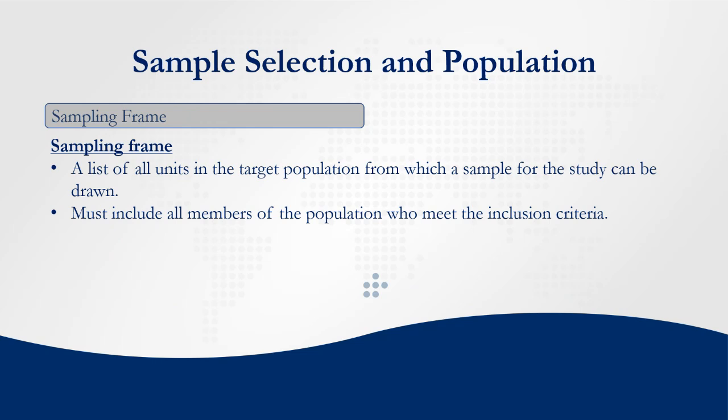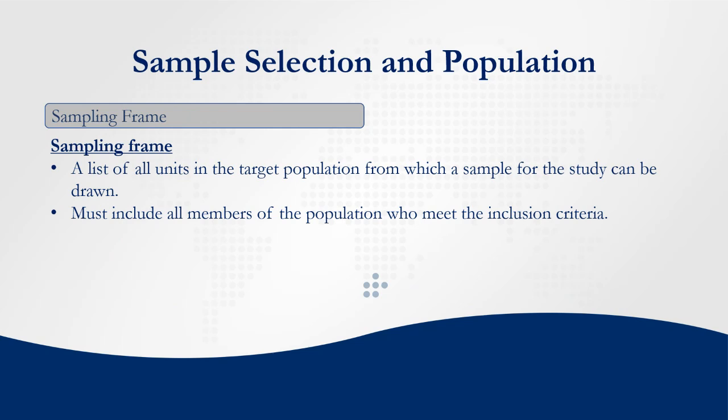Then, by applying the inclusion criteria and the exclusion criteria, you end up with a sampling frame, which is a list of the units from which you can select a sample. So they will be based on the criteria that you set.